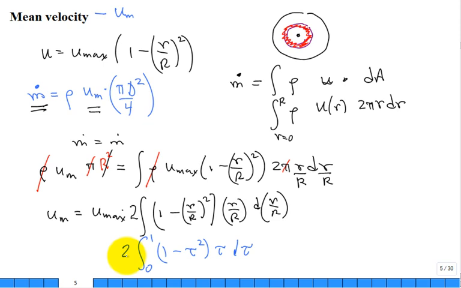And then I have 2, and I have u max, u m.